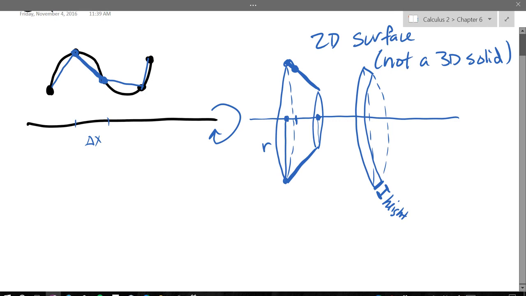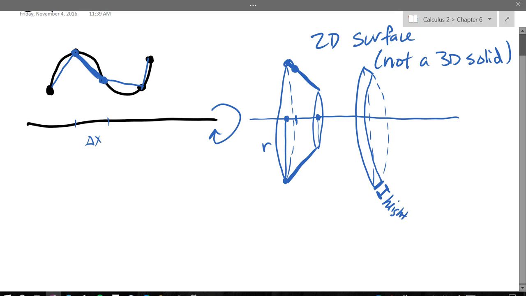So this measurement right here is never actually going to be parallel with the x-axis, no matter how small you cut it. It's always going to keep that steepness, whatever the curve, no matter how small you cut it.